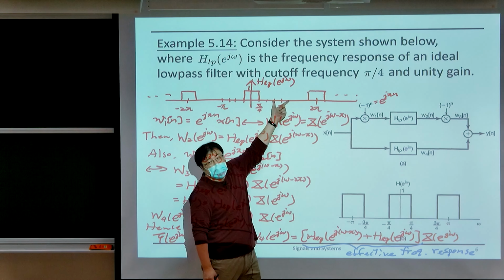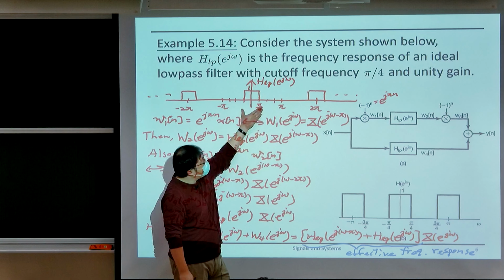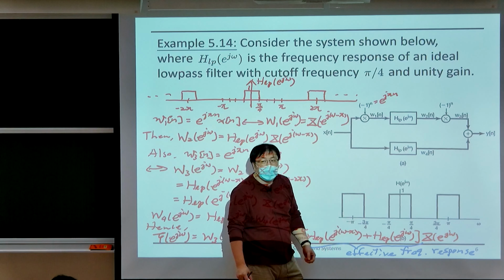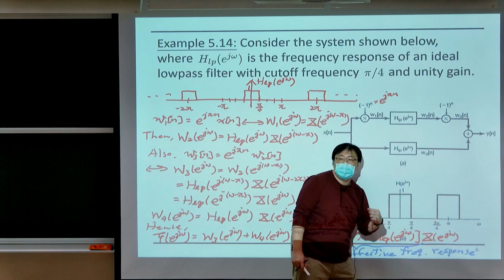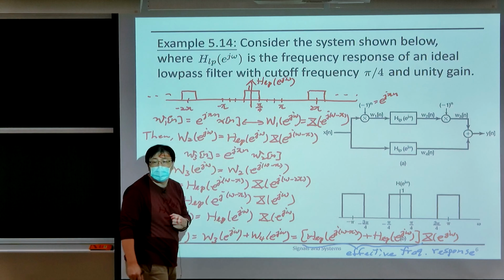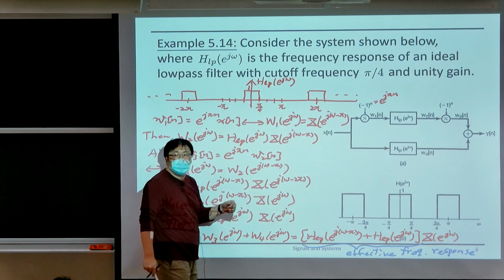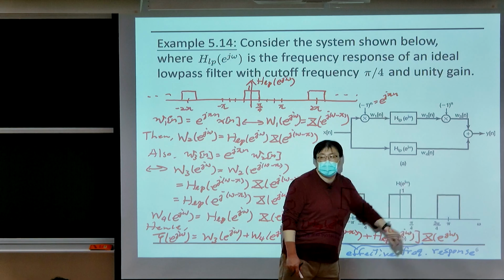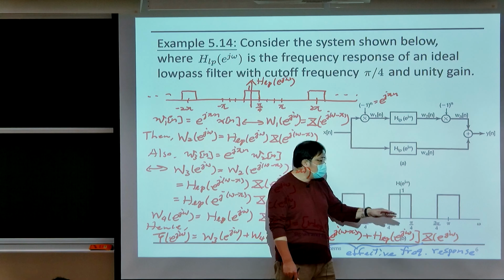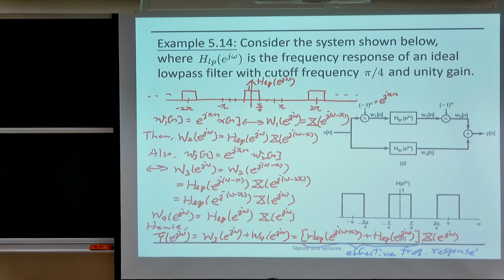So if you combine these two, I should end up with a spectrum like this, where you have a passband both at 0 frequency and around pi and minus pi. So the effective response of this system passes through both low and high frequency, or in other words, it suppresses these intermediate frequency components.